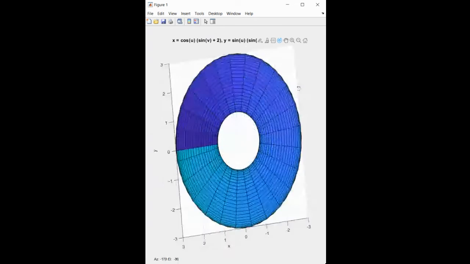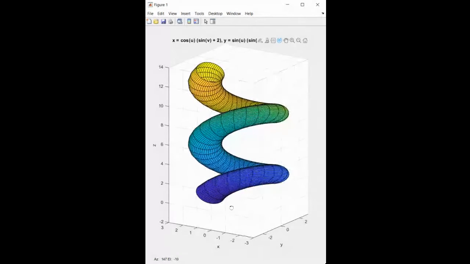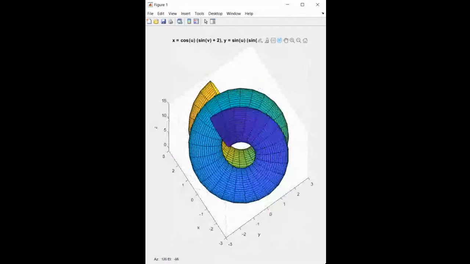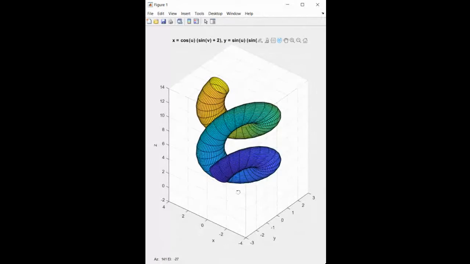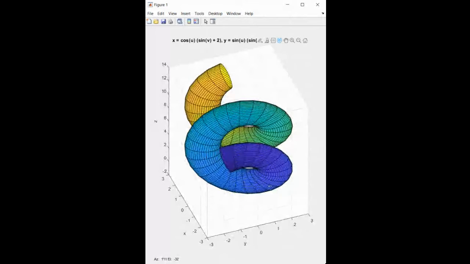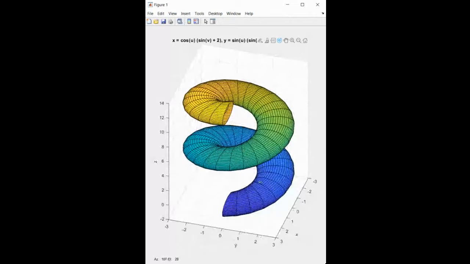So you can flip things and try to get it going the right way. It can take a little time, but just play around with it enough.